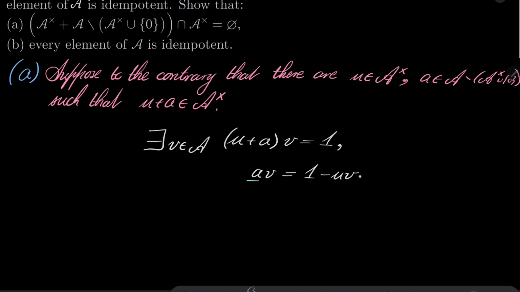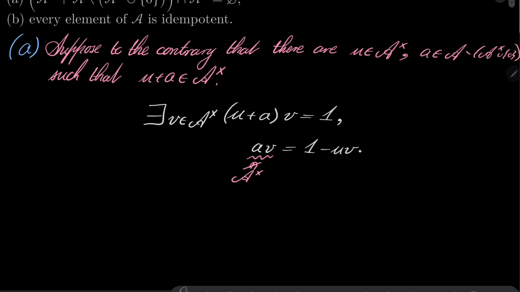Notice that here we have an element which is not invertible times an element which is invertible. Well, of course v is invertible because v times something equals 1. It is a well-known fact that if we multiply an element which is invertible with an element which is not, we get once again an element which is not invertible. This definitely is not invertible.